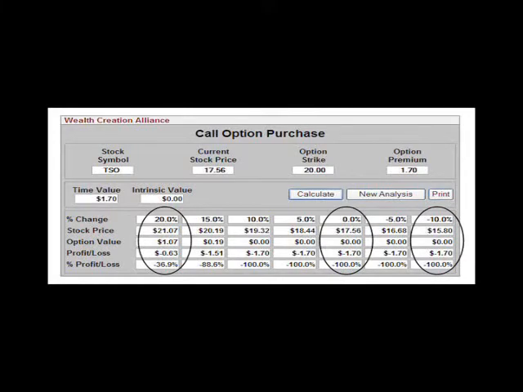And a 10% decrease in Tesoro stock to 15.80 would also result in a 100% option loss. Tesoro stock would have to increase more than 23% at option expiration in order for this trade just to break even. Now, in general, this option doesn't have a very good chance of being profitable and would require a large price move in Tesoro stock at option expiration just to break even.